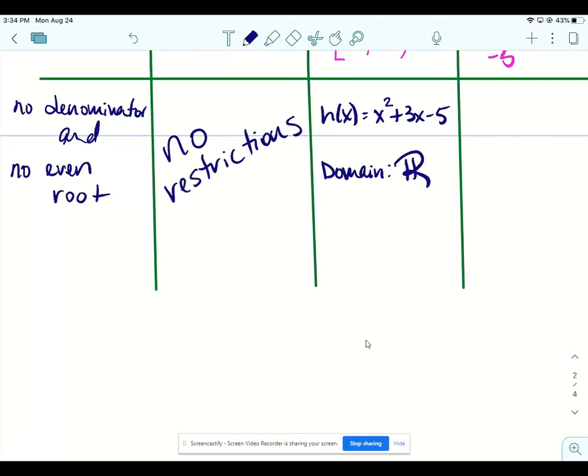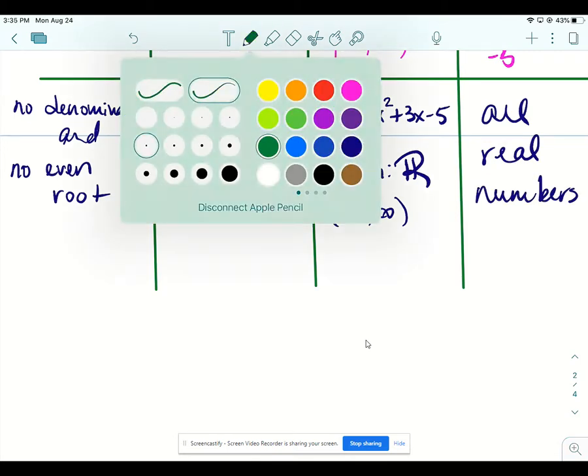For all real numbers, we're either going to do this fancy R, it's like a double scripted R, or in interval notation, all real numbers means from negative infinity to infinity. And then in words, it's just all real numbers. And that's it.